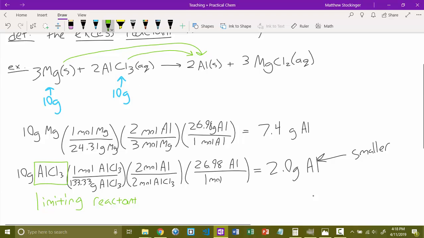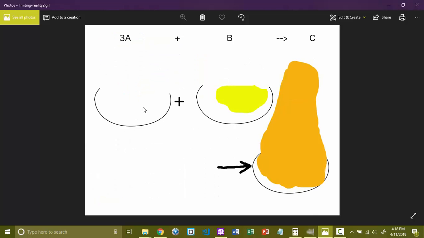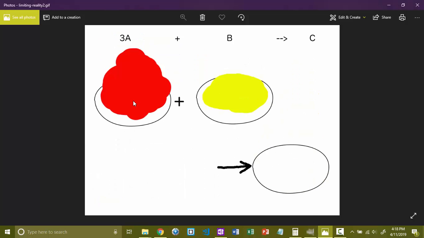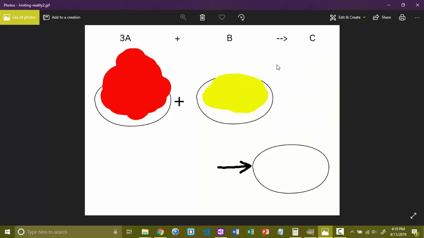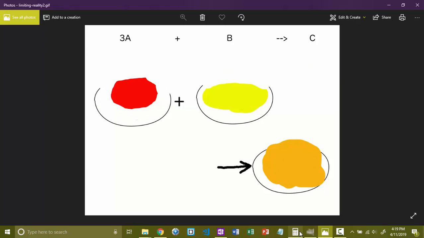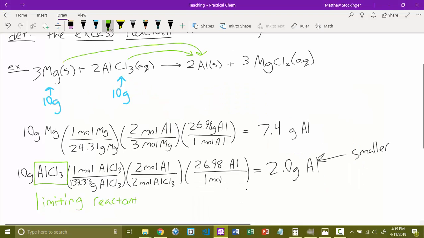Well, just like we saw in the picture, as soon as the limiting reactant is gone, the reaction stops. Okay, it's not going to keep going and use up all the excess reactant. If it used up the excess reactant, that would make even more of the orange stuff here, the product. Okay, the reaction stops after it makes 2 grams of aluminum. So that's how I know that aluminum chloride here is the limiting reactant, and that's why I chose the smaller one, because it's going to stop early.